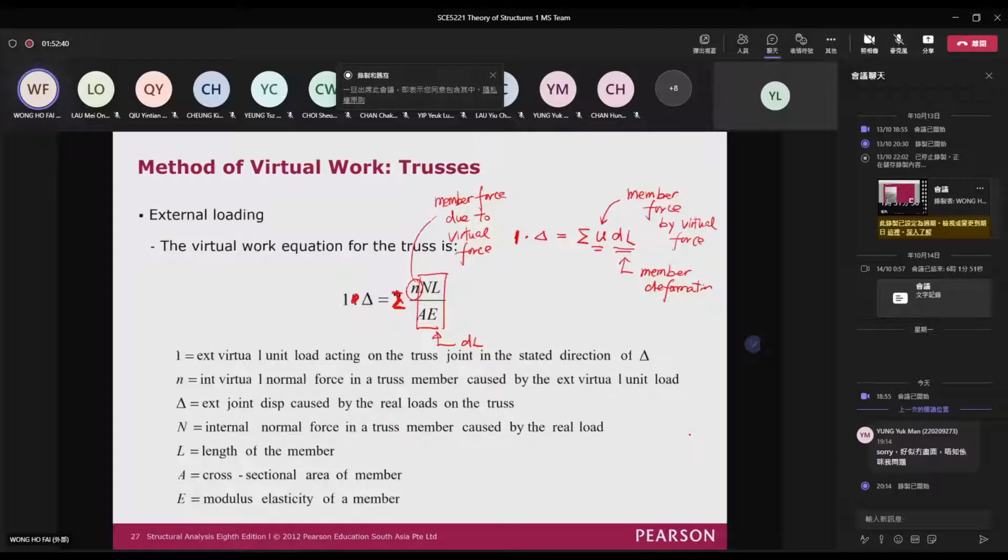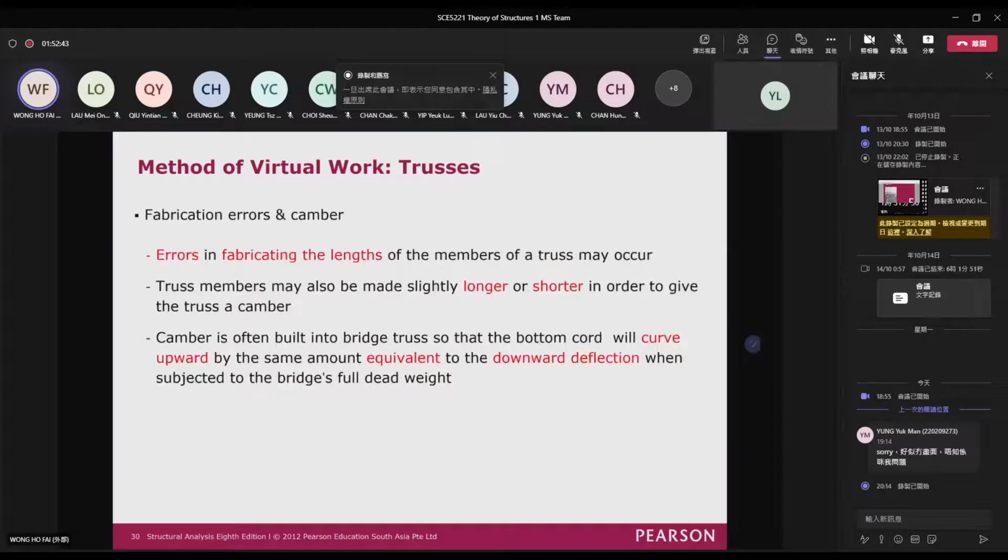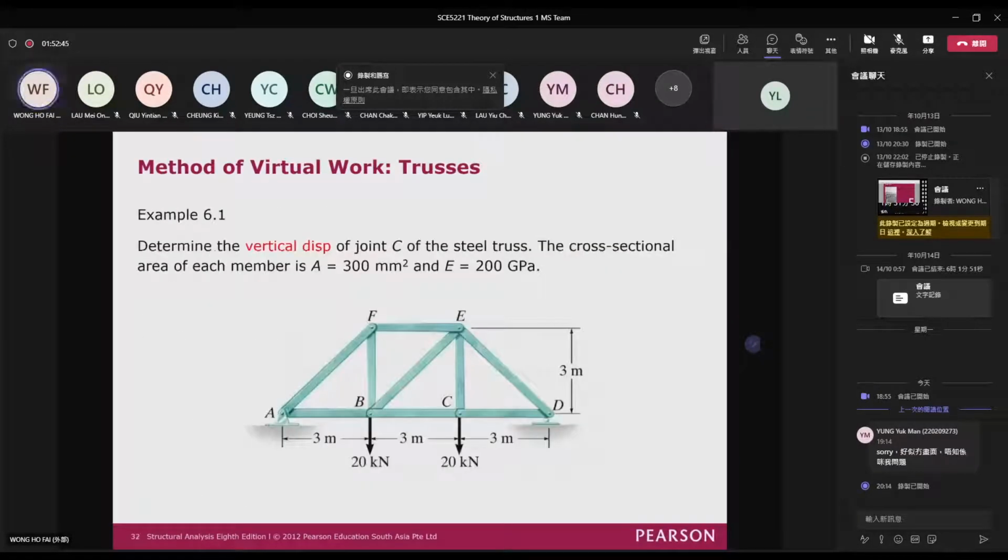Well, I will just show you an example first. For example, if we have a truss here, we want to determine the vertical displacement at the joint C. So right here, we want to take a look at the deformation of joint C. And then under the load, 20 kN on both sides. And then A is the cross-sectional area, which is equal to 300 mm square.